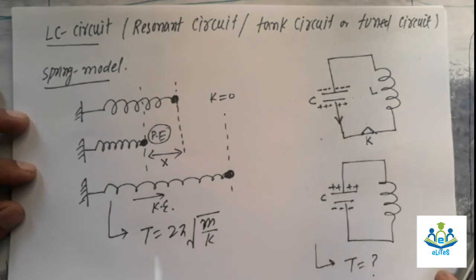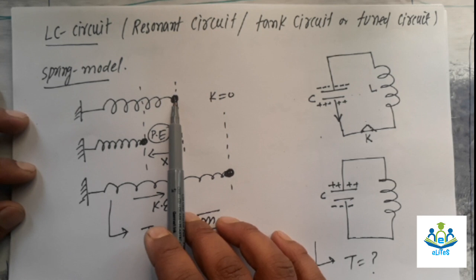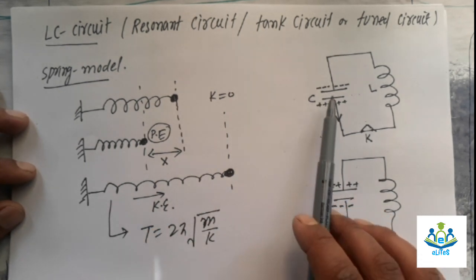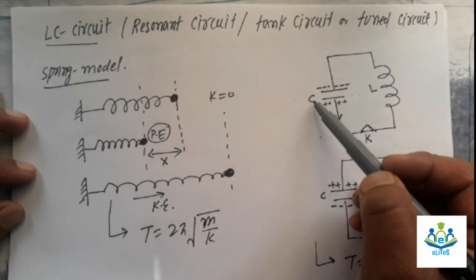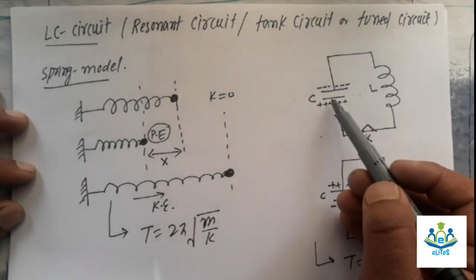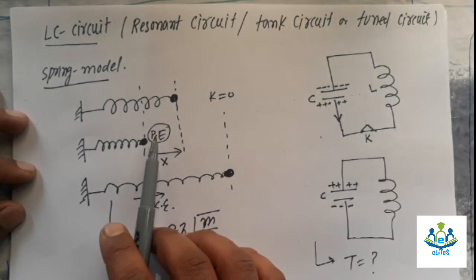Suppose initially there is no charge on the capacitor, then this is an equilibrium state. Now I fully charge this capacitor, say up to capacitance C. Then the energy is stored in the form of electrical energy in the capacitor. Now we can relate it with a spring.